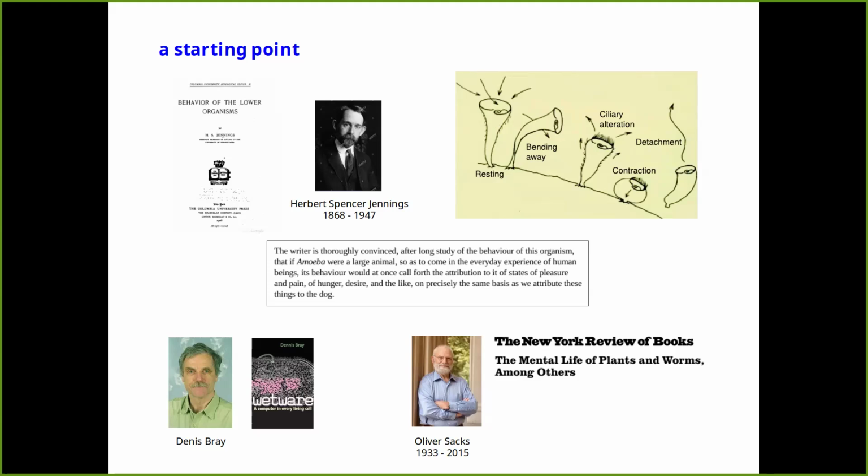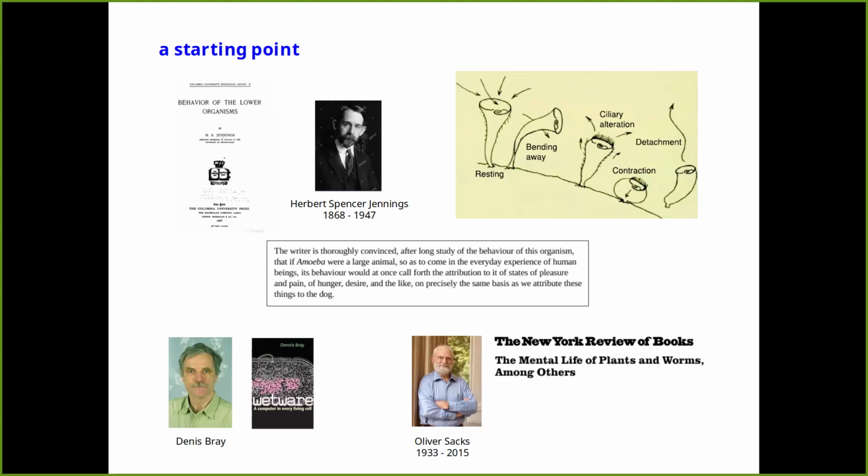And what Jennings described was a remarkable hierarchy of avoidance behaviors that Stentor exhibit to repeated irritation. And the repeated irritation was that Jennings would squirt it with carmine dye particles through a pipette.